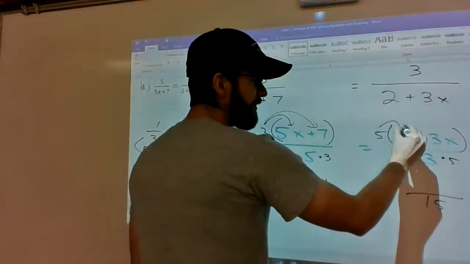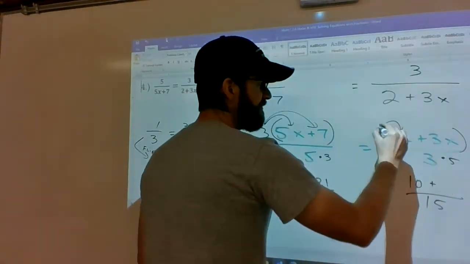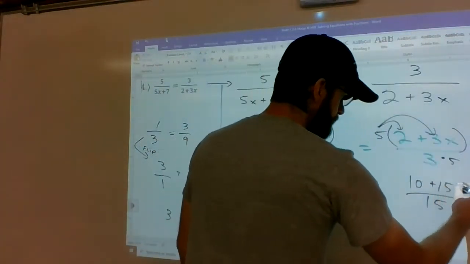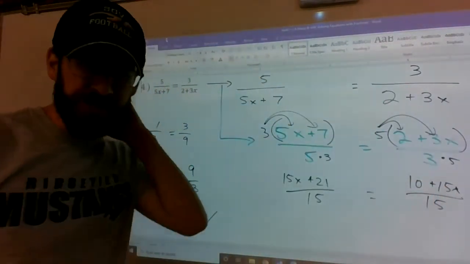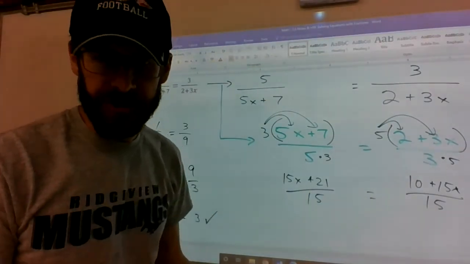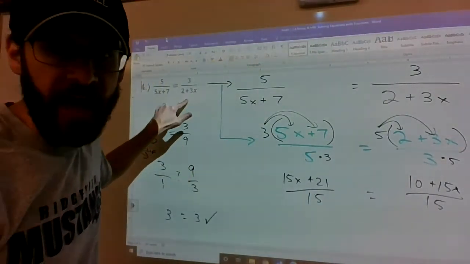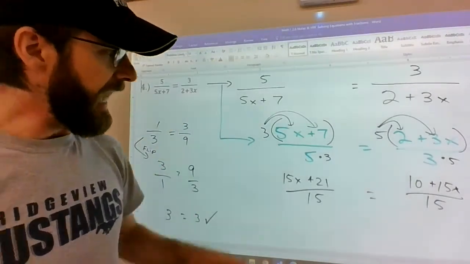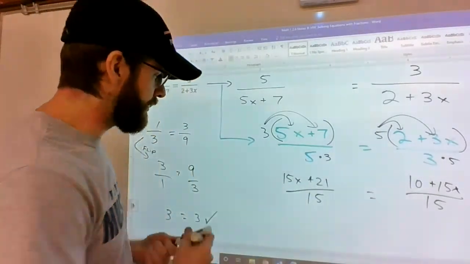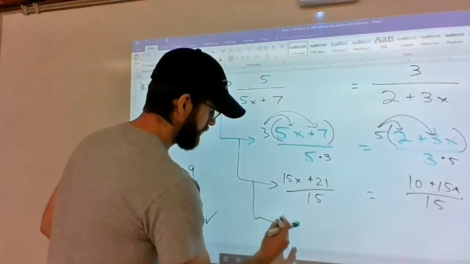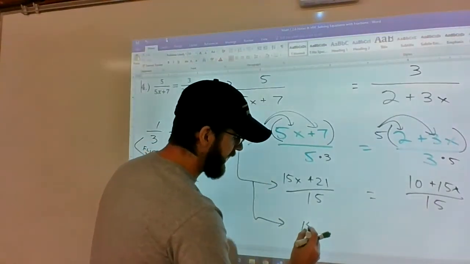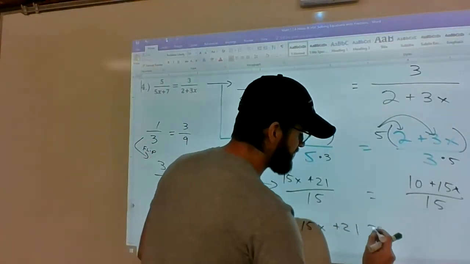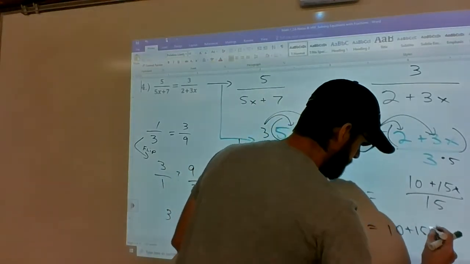And on the right, you've got 10 plus 15x. So just so that this doesn't become a bloated explanation, I'll just leave you guys to do that for problems where you can flip stuff around. At this point, you'd be able to ditch the denominator and be left with 15x plus 21 equals 10 plus 15x.